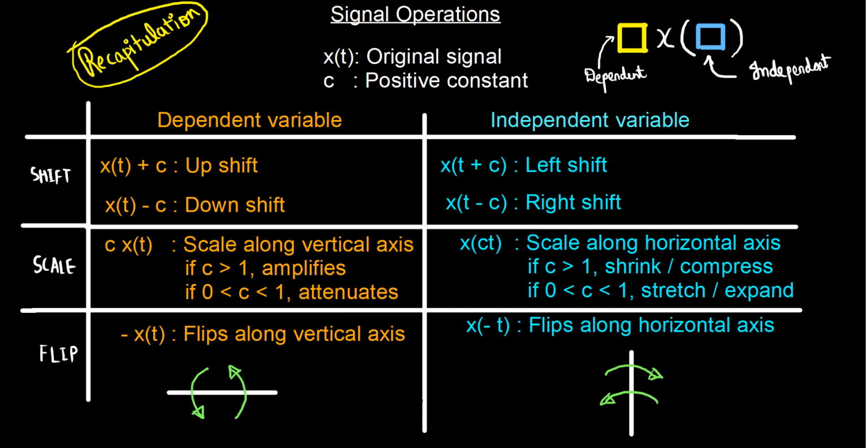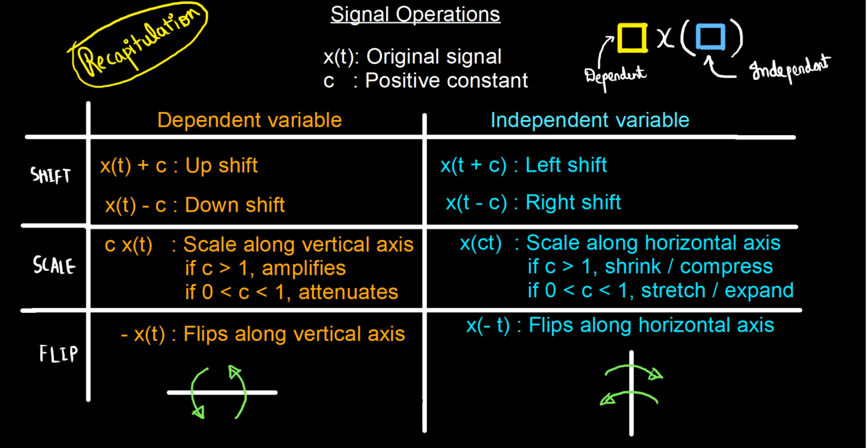Now that we have learned about these operations, shifting, scaling, and flipping individually, we may look into a combination of these operations. The combination could be that we perform these operations, like shifting, scaling, flipping, one after the other. So depending on the sequence of these operations, the end result changes.